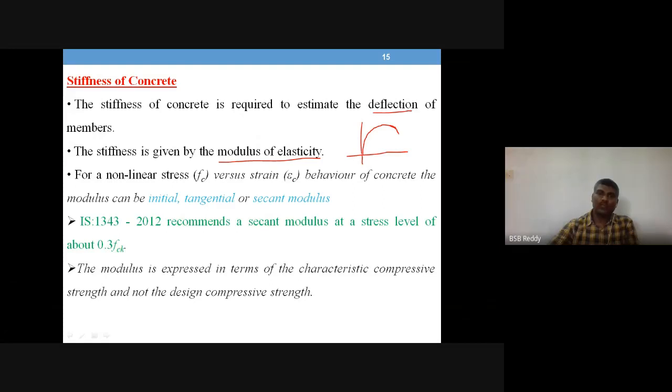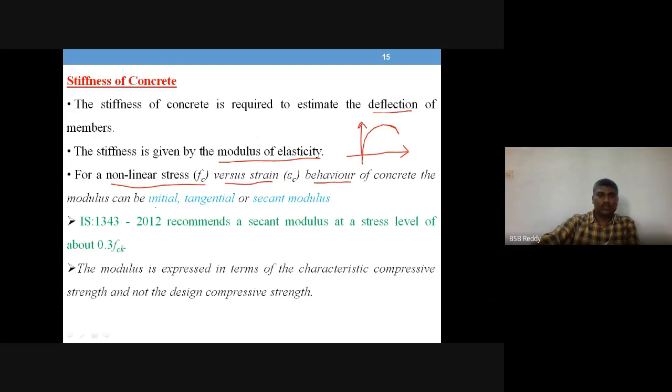So it's something like this. You get a curve when you draw a stress strain diagram of concrete, for which we have different ways of finding modulus of elasticity. The relation is non-linear. You don't have a linear portion, unlike steel. Stress in concrete versus strain in concrete.